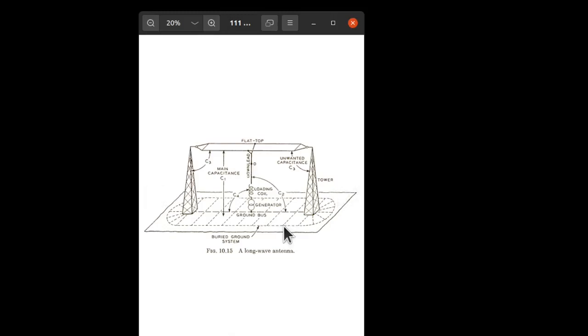In this regimen, during the Marconi era, the radiation resistance was in terms of fractions of an ohm, fractions. In other words, your 10-meter monopole sees 100 times more radiation resistance than this one that you see here that was designed for 60 kilohertz.